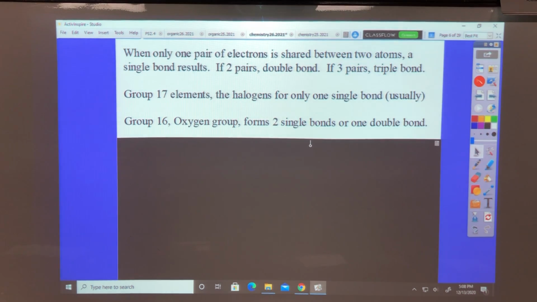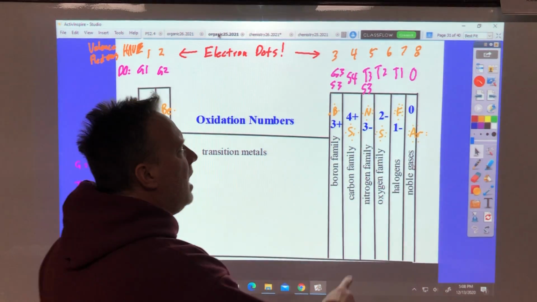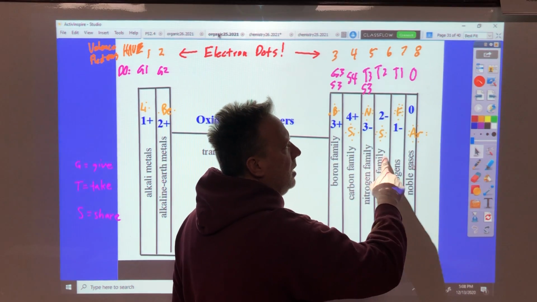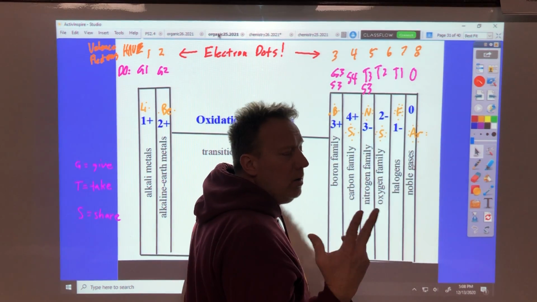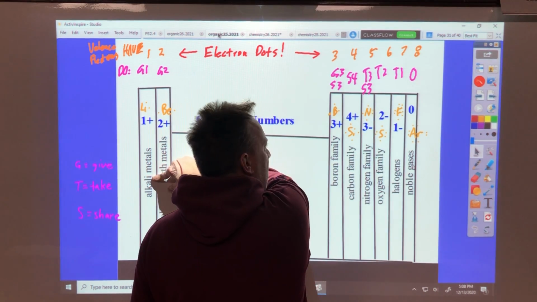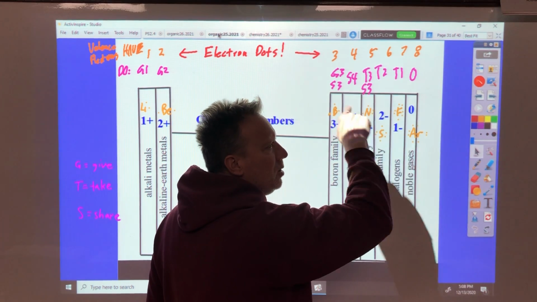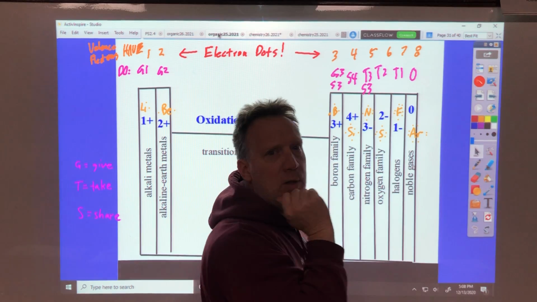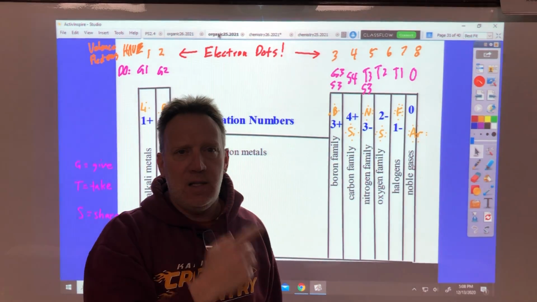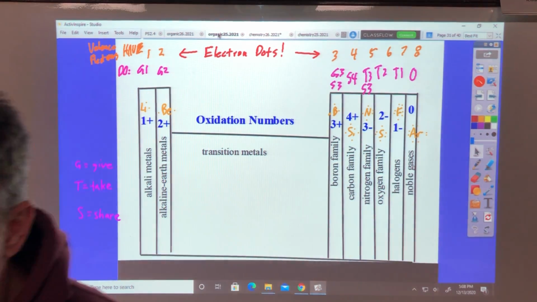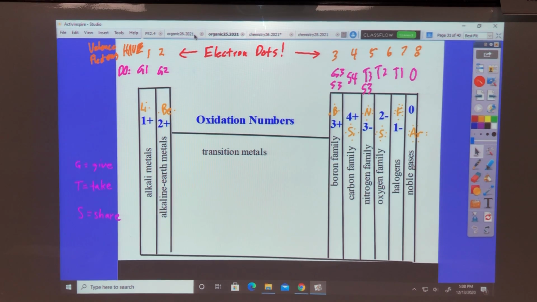If you go to the oxygen group, it'll either form 2 single bonds or a double bond, like water, H2O. Because oxygen has 6, it'd like access to 2 more. So if it's bonding with something over here, it's going to give and take. But if it's bonding with something over here, it'll try to share 2 electrons. So it has access to 8. So like H2O.